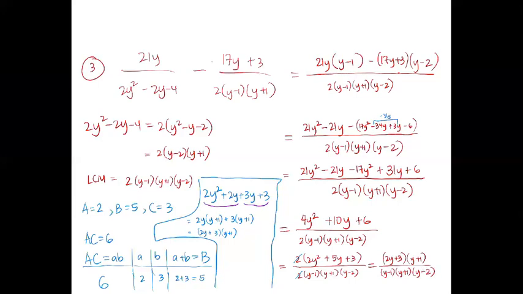And clearly you see y plus 1 here and y plus 1 here, so they will cancel each other. So the final expression will be, in the numerator, 2y plus 3, and on the denominator, y minus 1 times y minus 2. So this is the final expression.